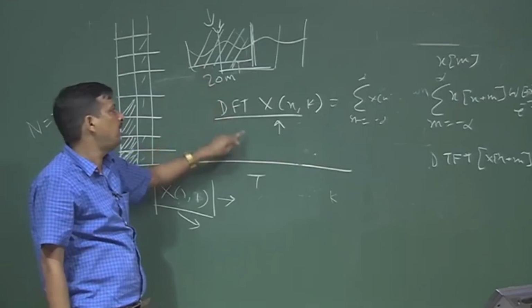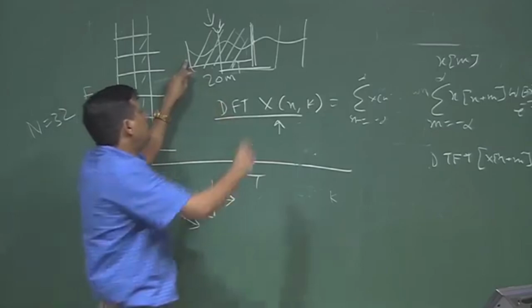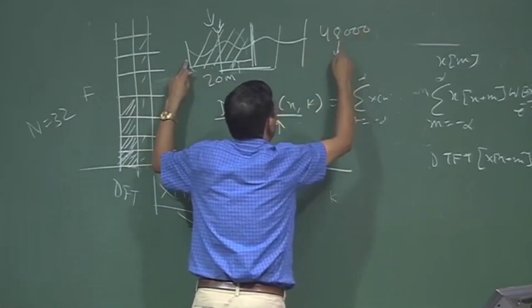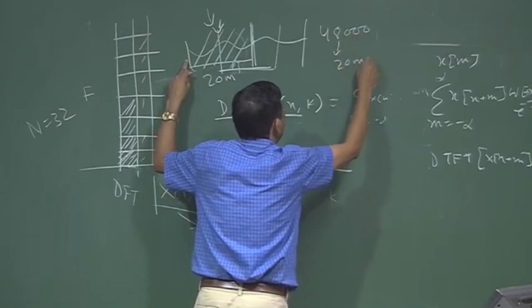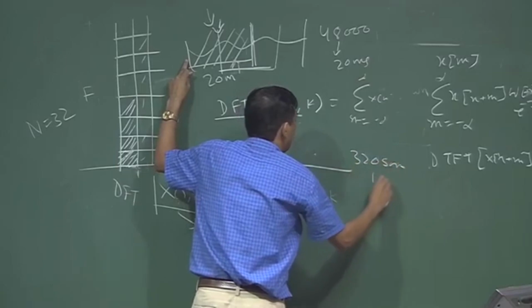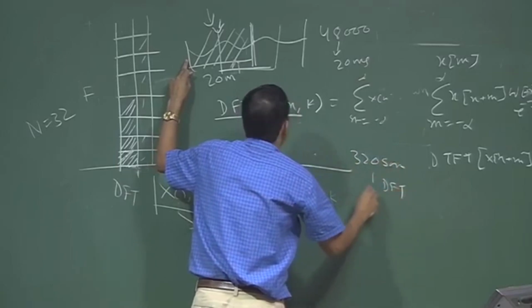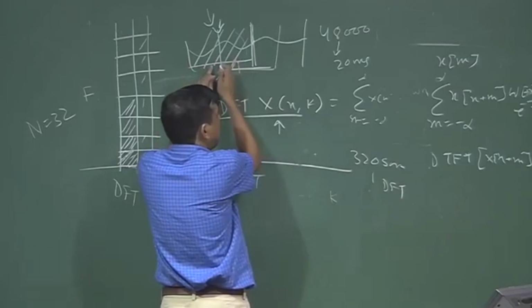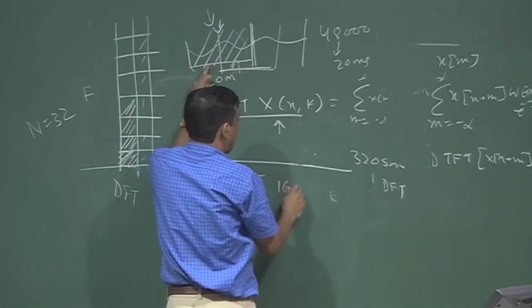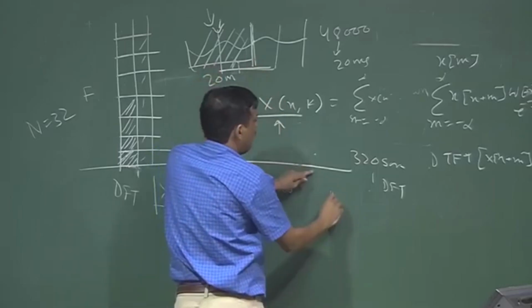So, in STFT analysis, if I recorded 48,000 samples, what I do is take a window of 20 millisecond, that means 320 samples, then I analyze the DFT. Then I shift the window for the next frame by 10 millisecond, means 160 samples, then I get the next frame and do the DFT.